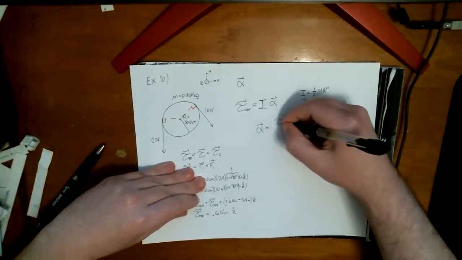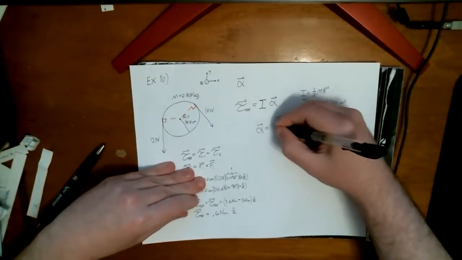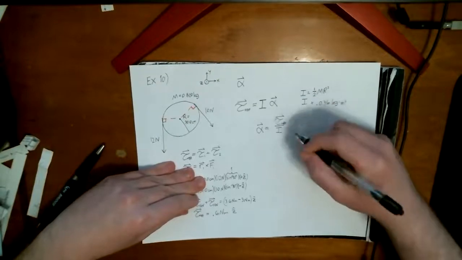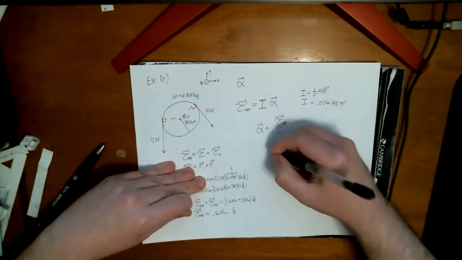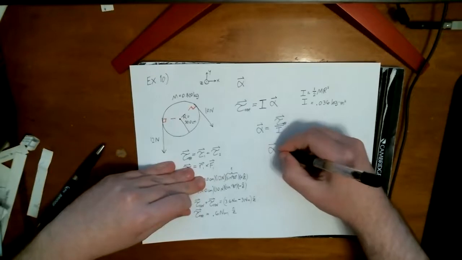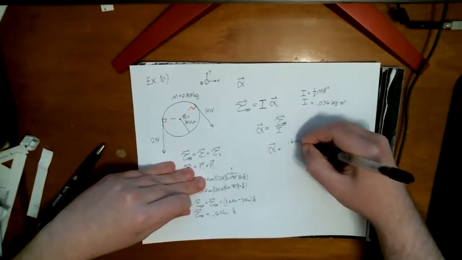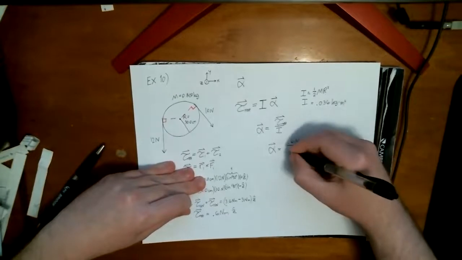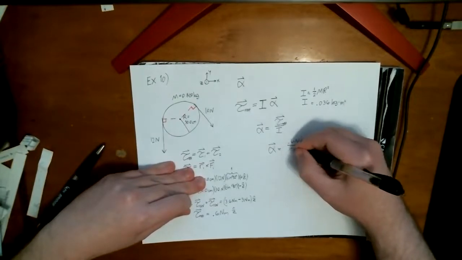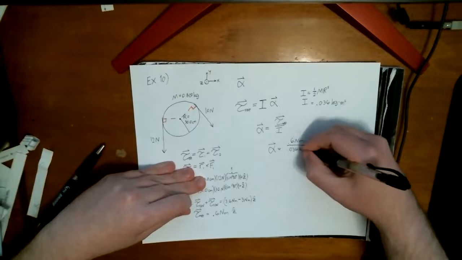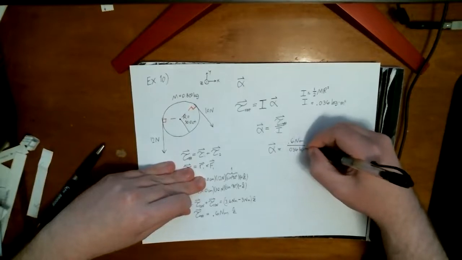Now for my angular acceleration, I go back to Newton's second law, solve the equation for alpha, and plug in the net torque and the moment of inertia, which we just found. So for the magnitude, I've got 0.6 Newton meters over 0.036 kilogram meters squared.